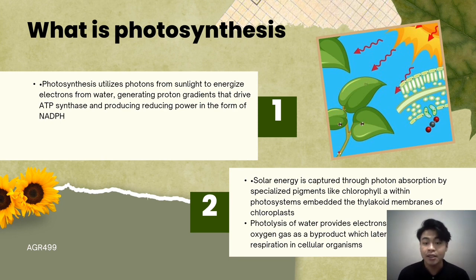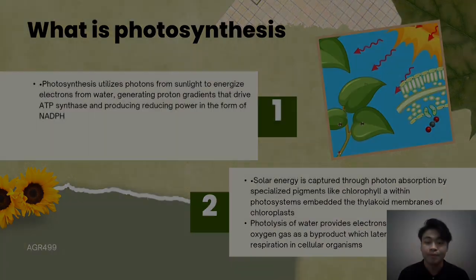Solar energy is captured through photon absorption by specialized pigments like chlorophyll within photosystems embedded in the thylakoid membranes of chloroplasts. Photolysis of water provides electrons and releases oxygen gas as a byproduct, which later enables aerobic respiration in cellular organisms.